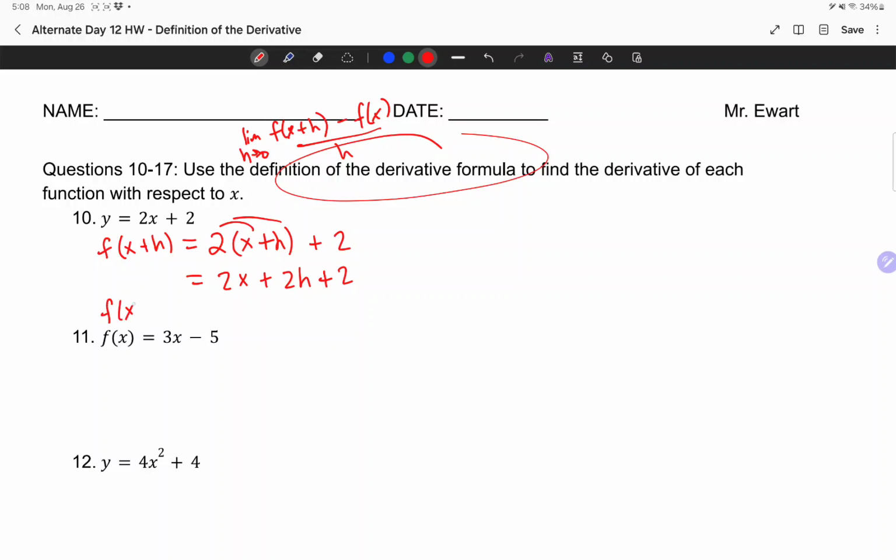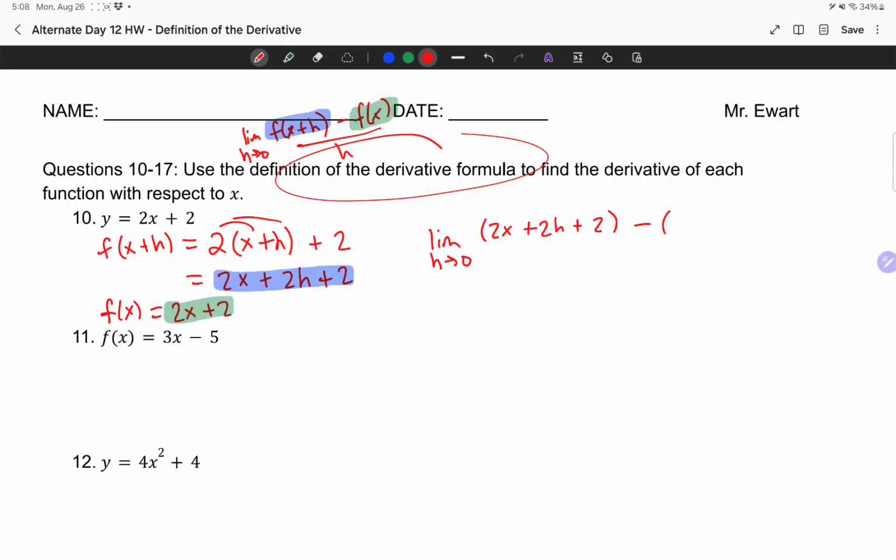Okay, f of x, you don't have to rewrite this one, but it's always just going to be the same as the beginning. So this is going to give us the limit as h approaches 0. The f of x plus h part will be the 2x plus 2h plus 2 part. And then minus the f of x part will be just our original.